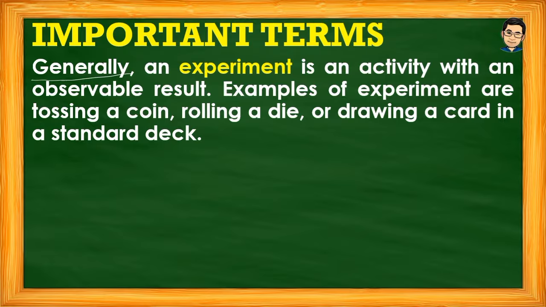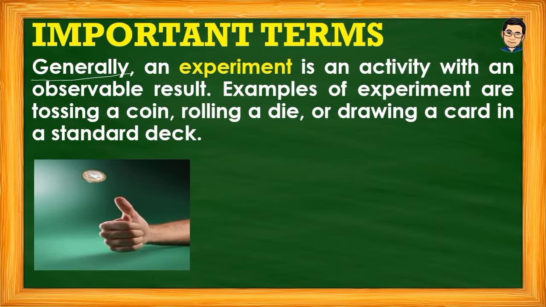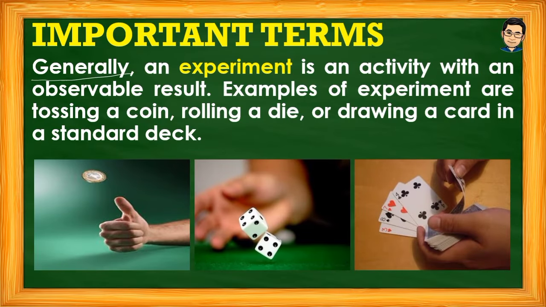Like for example, kung nag-flip tayo ng isang barya. So, ano nga ba ang mga result na maaaring makita natin kapag pinlip natin ang isang coin, ang isang barya. Kapag tinapon natin ang isang die. O bumunot tayo ng isang baraha sa isang deck. So, ayan sila. So, yung una nating figure, tossing a coin.